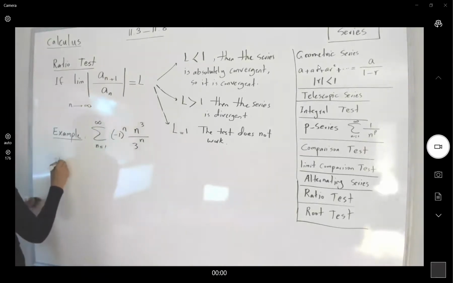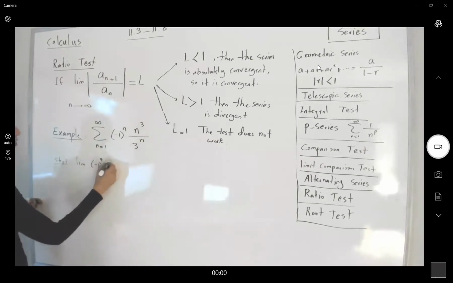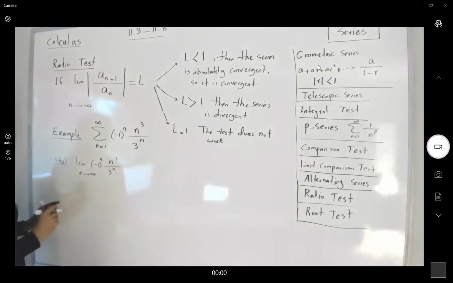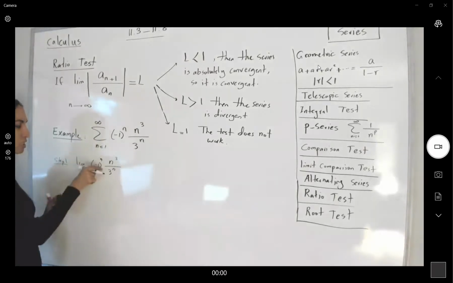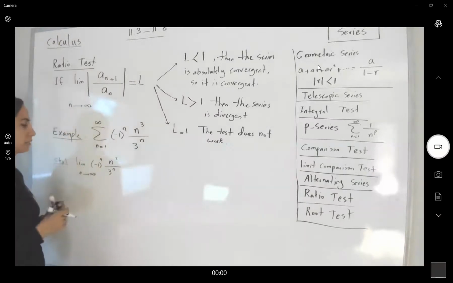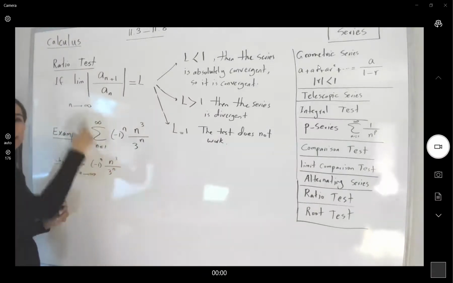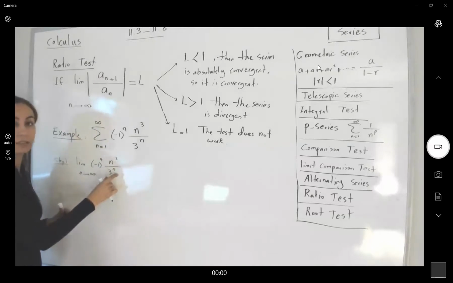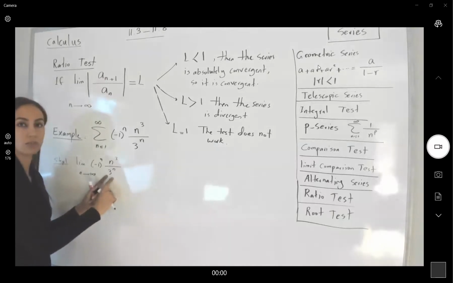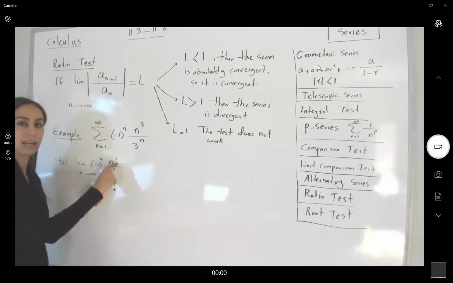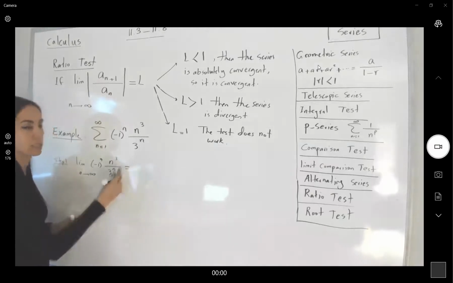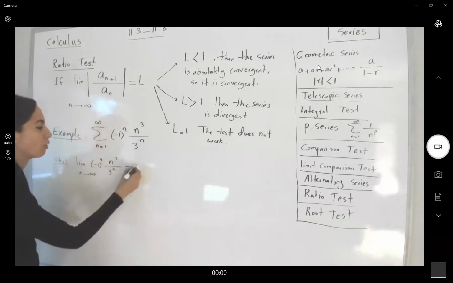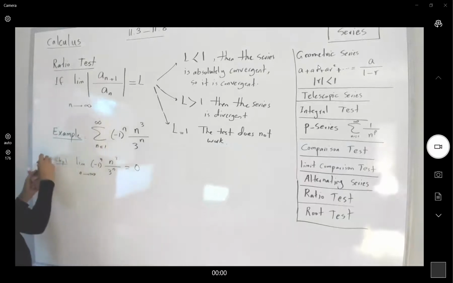Step 1 is that the limit of -1 to the n times n to the third over 3 to the n, as n approaches infinity, you need to check that limit first. This guy is just a number, positive or negative 1. This guy is n to the third, and on the denominator you have an exponential term. The denominator goes to infinity much faster than n to the third. So it is already a scalar divided by infinity, or 0. So step 1 is met.